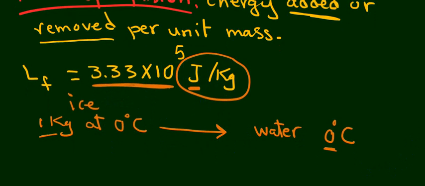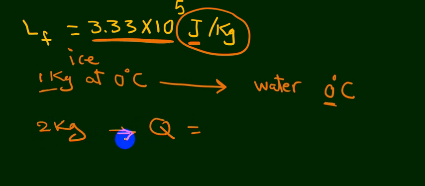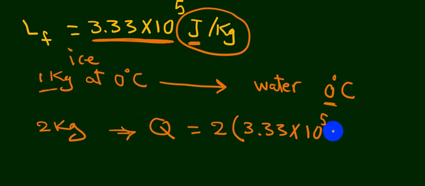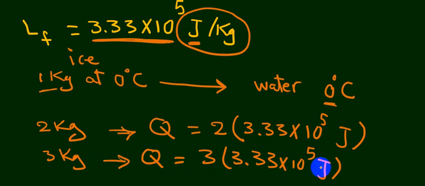If you have 2 kilograms of ice, what's the amount of heat? The quantity of heat required equals 2 times 3.33 times 10 power 5 joule. If you have 3 kilograms, so Q equals 3 times 3.33 times 10 power 5 joule, and so on.